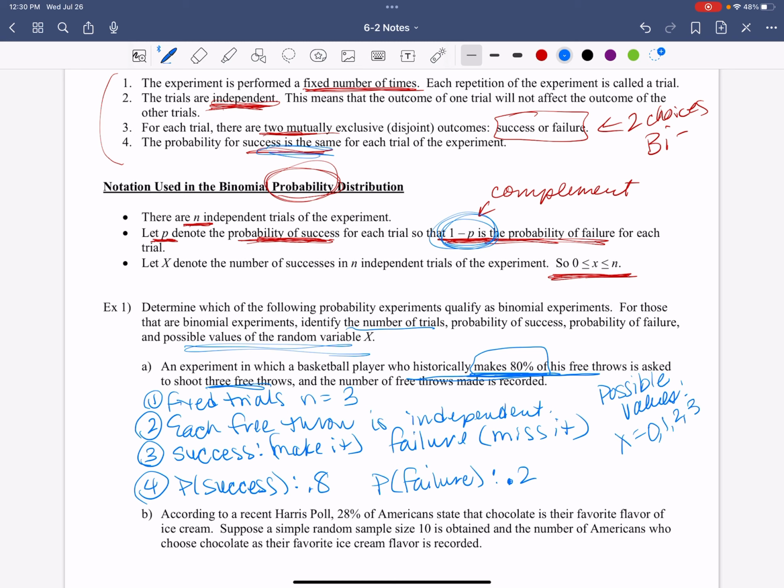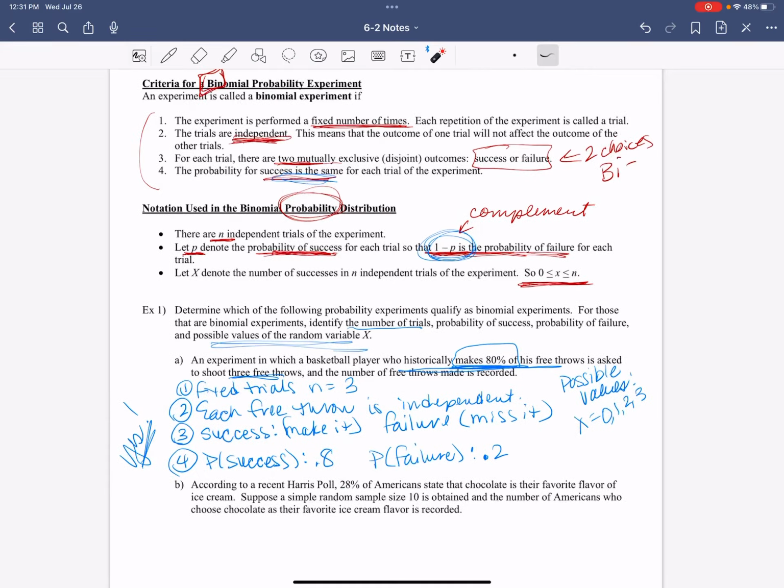Those are your possible values. Is this a binomial experiment? Yes, it is a binomial experiment. And now that we have looked at this as a binomial experiment, we have identified all of these options that go with our notation. Cool, that's the big deal. Can you hit those criteria? Boom, then you've got it.